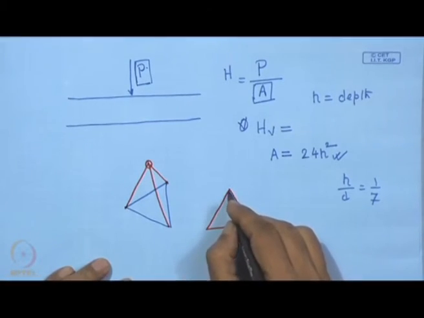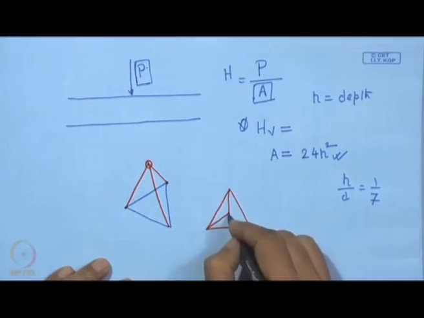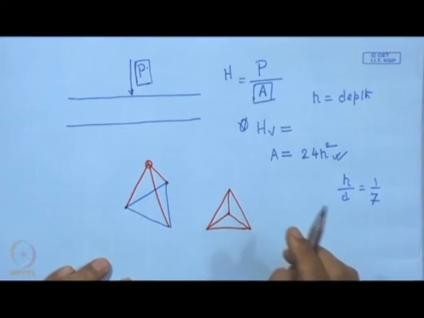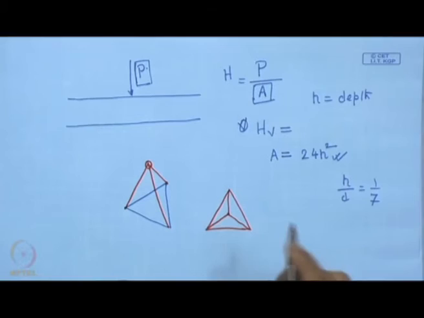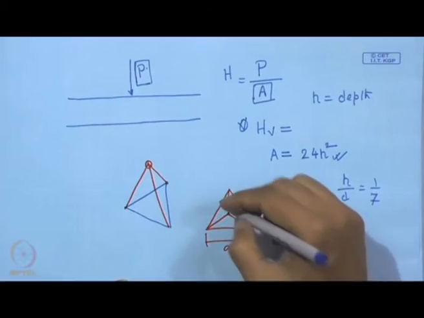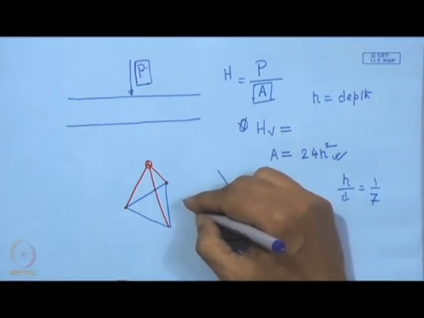This triangular based pyramid is made in such a manner that this is the dimension A, and this is the dimension L.